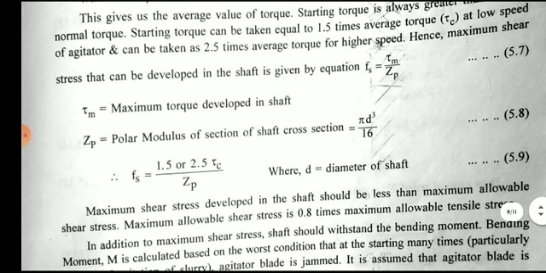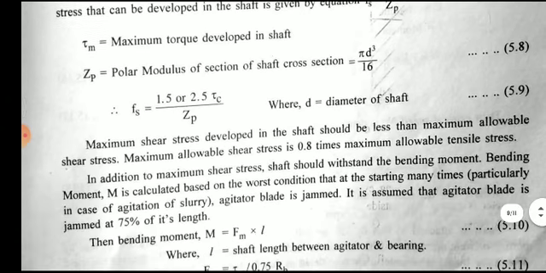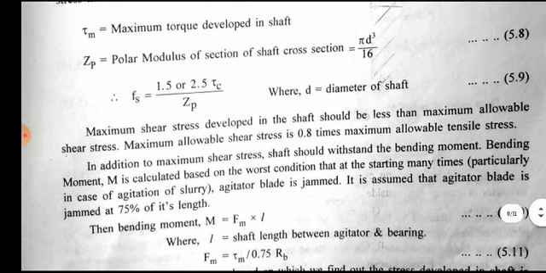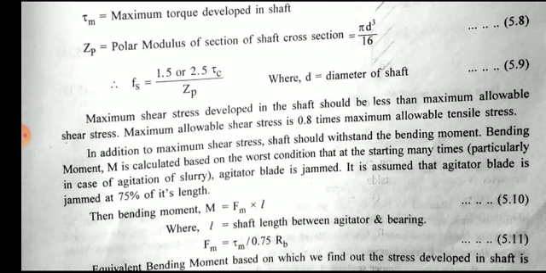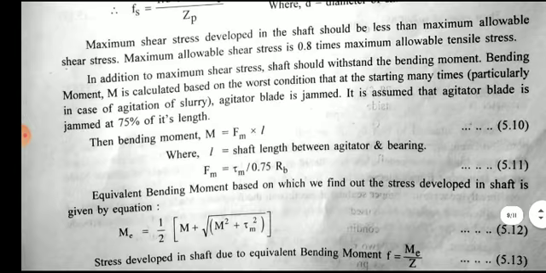Zp is the polar modulus of section of the cross section, that is pi d cube divided by 16. So it will be Fs equal to 1.5 or 2.5 times tau c divided by Zp, and d is the diameter of shaft.